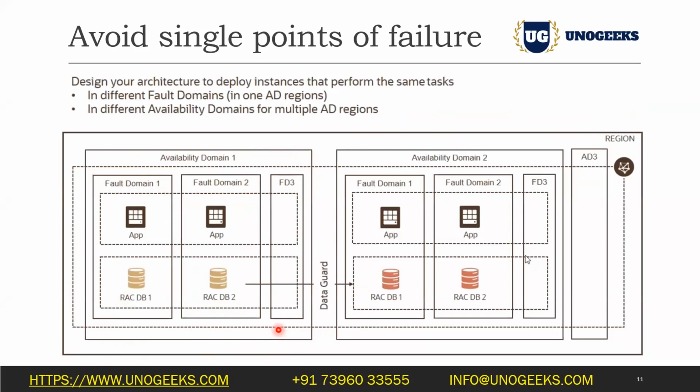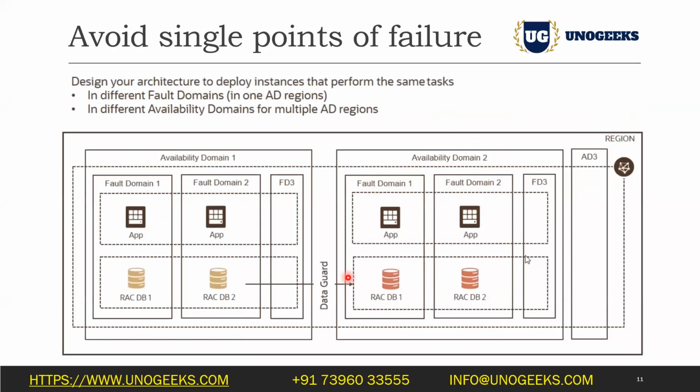If you have to create a standby in this scenario, you can make use of availability domain 2, because this is an isolated data center. It is not connected to your AD1. So you can place your standby databases in AD2, and even inside AD2, you will again place node 1 in one FD and node 2 in a different FD.